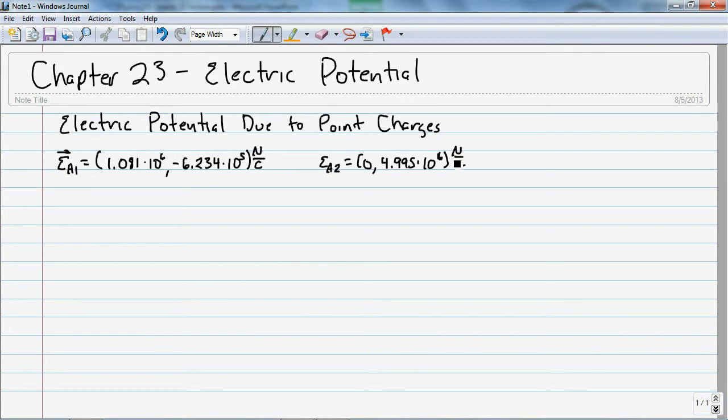So now I want to calculate the potential at point A due to charge 1, and that's just going to be the magnitude of the electric field times the distance between R1 and RA.